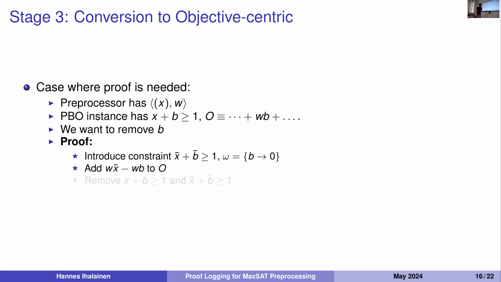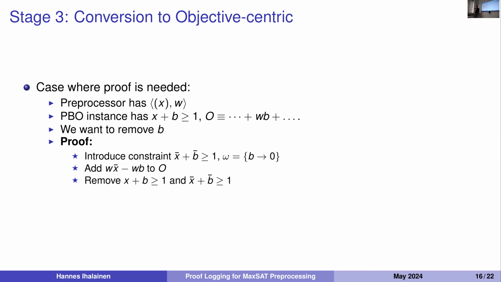And after this, we can add to the objective function the weight times not x minus weight times b. This is because these two constraints actually make x equivalent to not b. And after this, I can remove both of these constraints and we are happy.